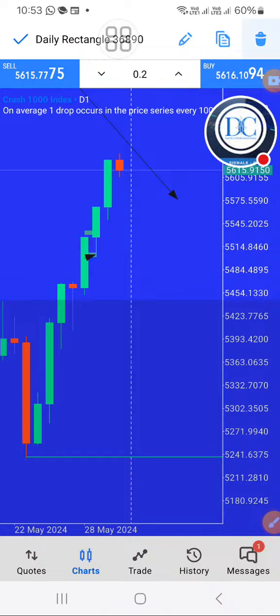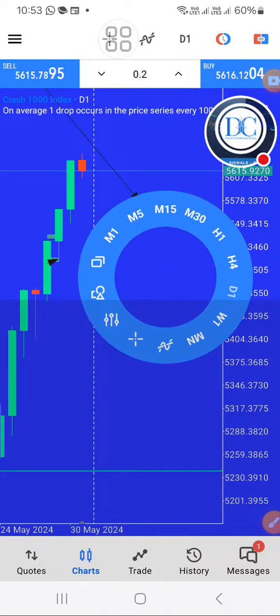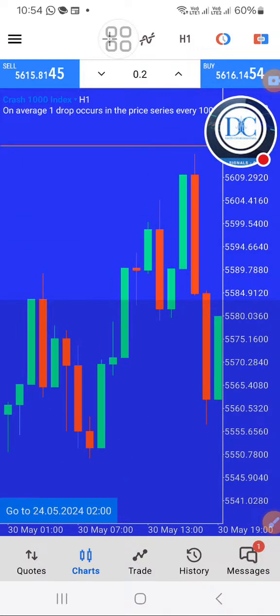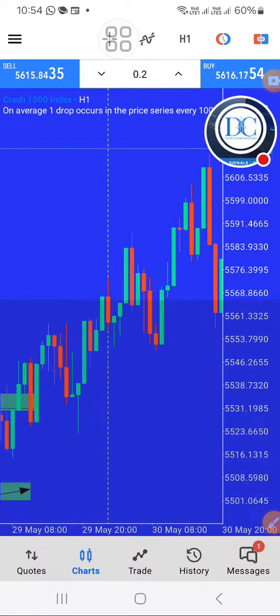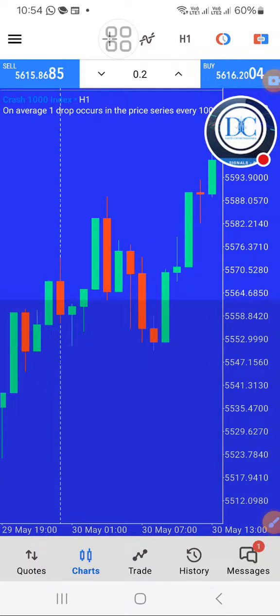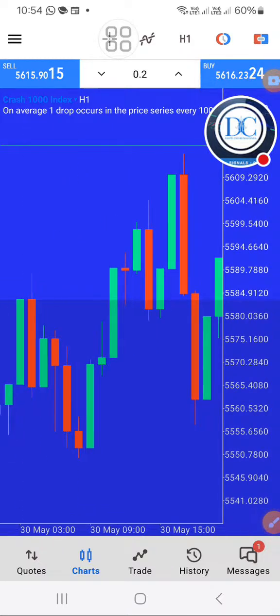Okay, let's look at the previous day's candles. Okay, this was yesterday. So we know that price was bearish, was bullish. Price is moving up. And yesterday, oh, this is not correct.